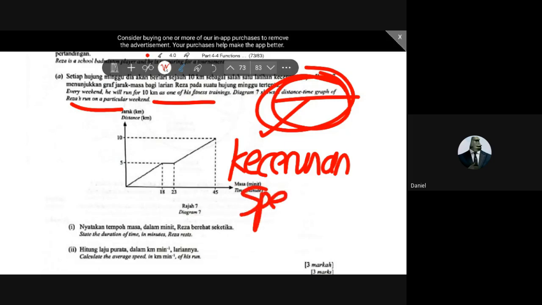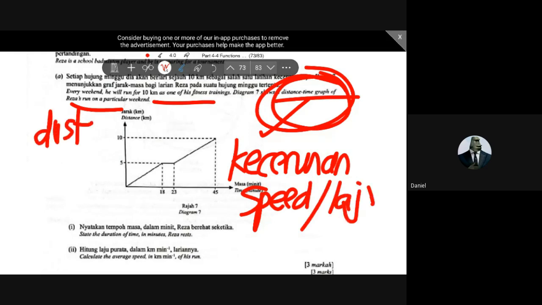So sekarang saya nak tanya, kecerunan graf jarak lawan masa, what does it represent? The gradient of distance time graph, what quantity does it represent? Very good, Steven. Speed atau laju. So, mengapa saya kata begitu? Distance over time.